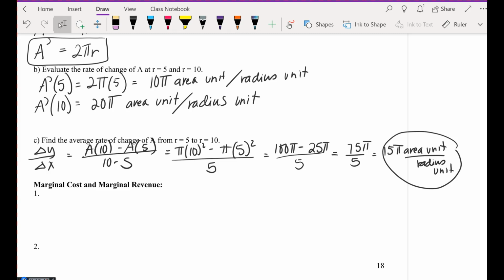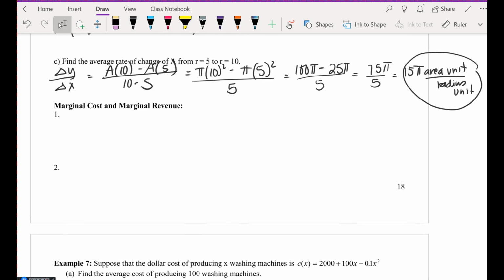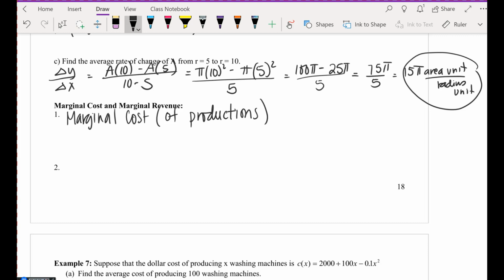Marginal cost. Let me talk to you guys about marginal cost and marginal revenue. So marginal cost is also calculus. Ready? Marginal cost, and normally we talk about production, like making t-shirts, making erasers, making pancakes.